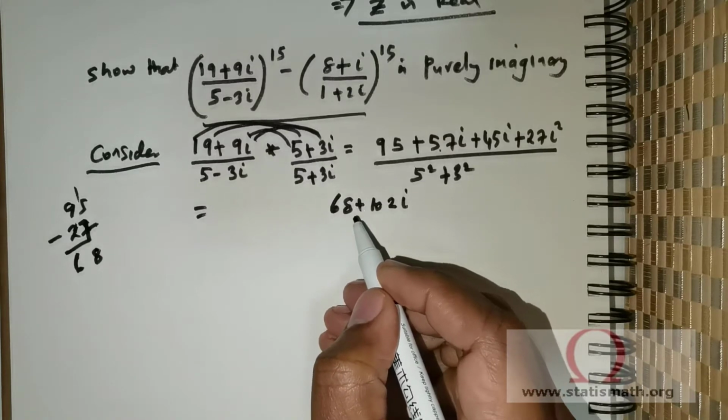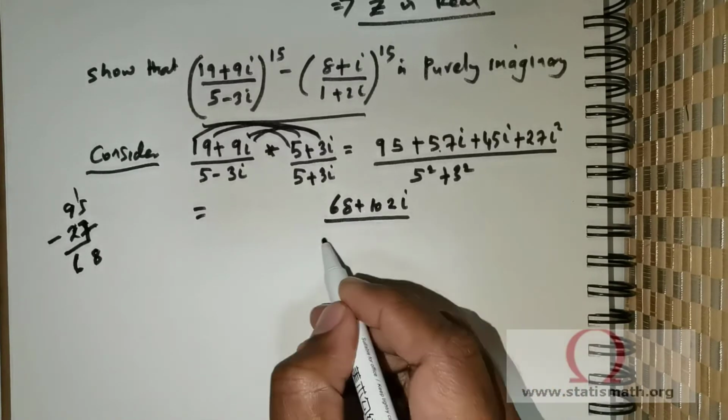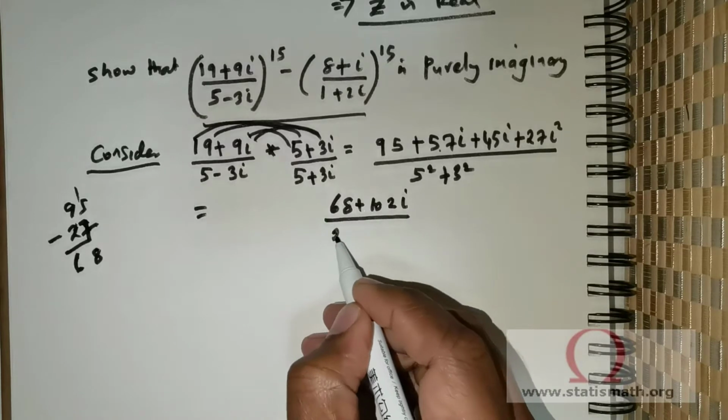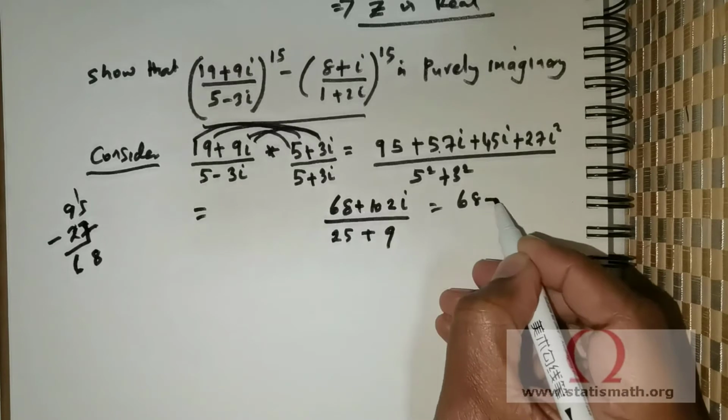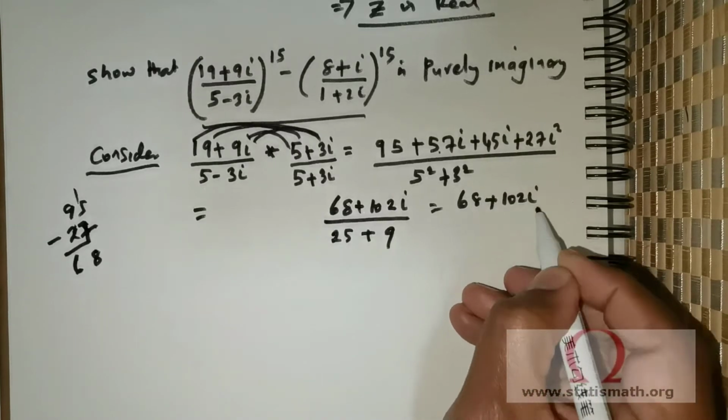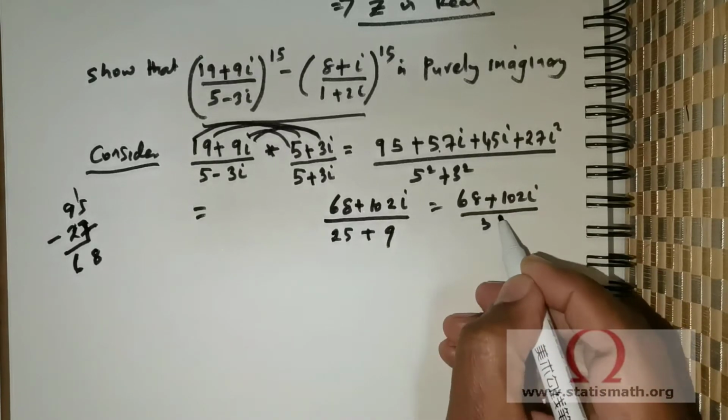Okay, so that has to be divided by 25 plus 9, giving you (68 + 102i)/34.